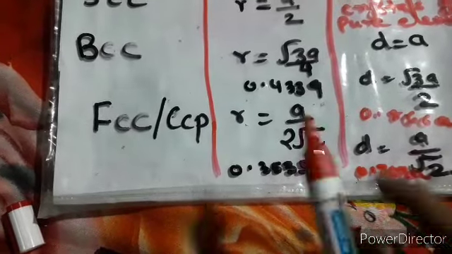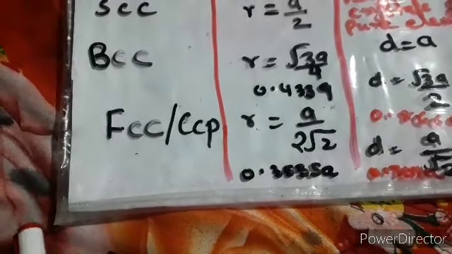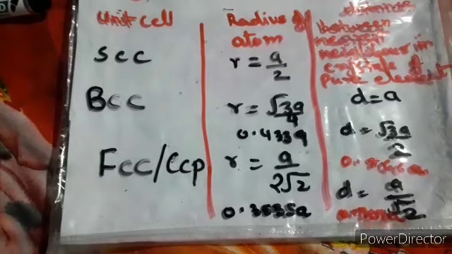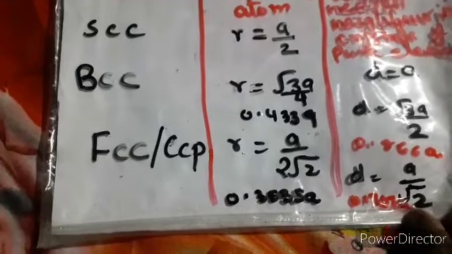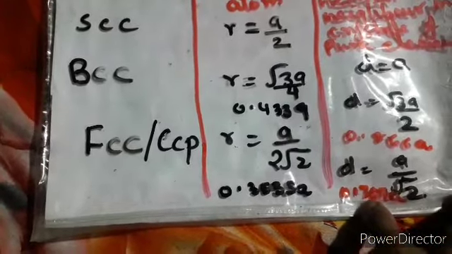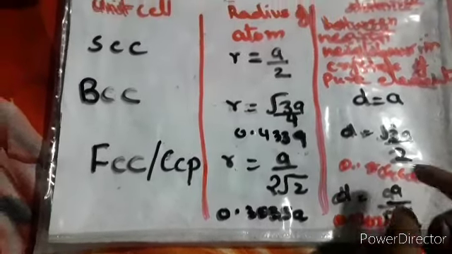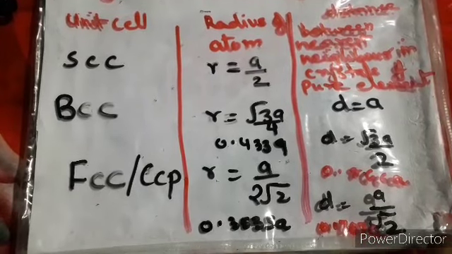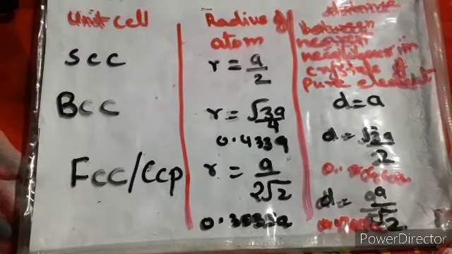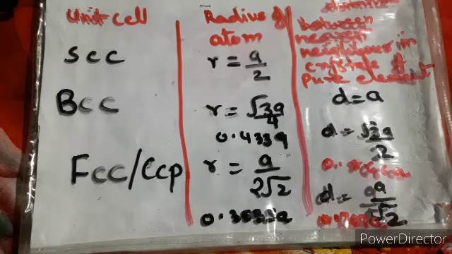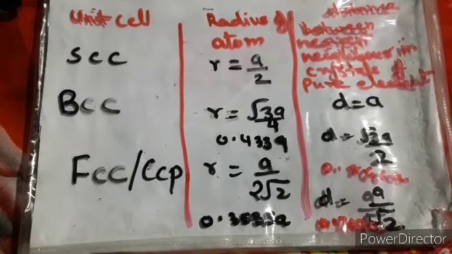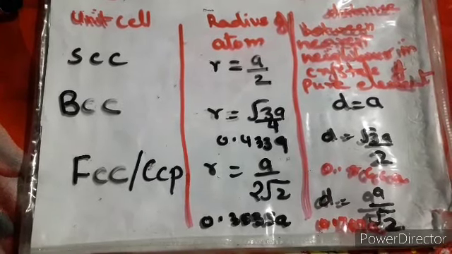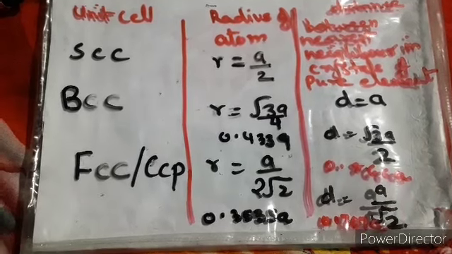I am just writing the values so that it is easy for you to understand. Again, there is no derivation for it, so I think the values are clear to you. This way you can learn the values, because they are quite helpful in numericals also, because sometimes they do ask you to calculate the value of the radius or the distance between the nearest neighbors in the crystals of pure elements. We'll focus on that also.